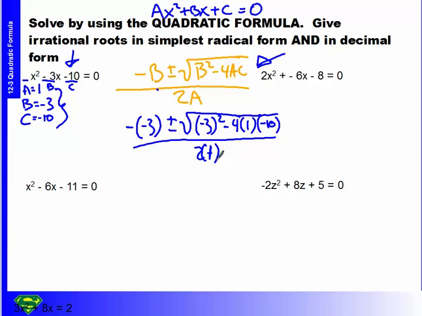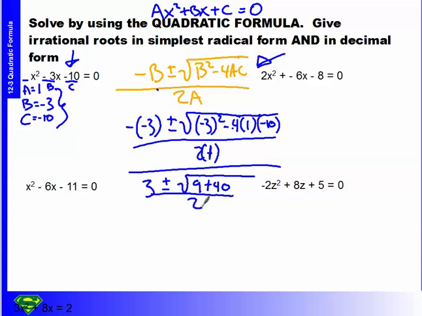So the opposite of negative 3 is just 3 plus or minus the square root of 9, because 3 squared is 9. Then negative 4 times 1 times negative 10 is positive 40.